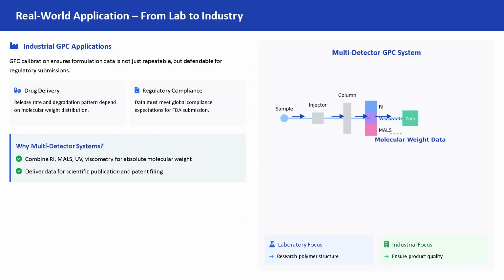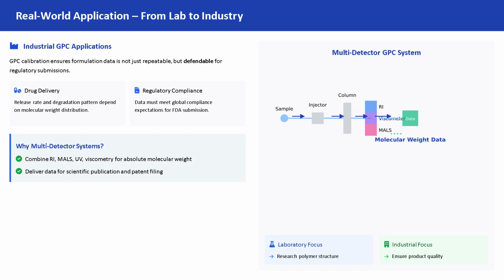Let's bring it to life. Imagine developing a biodegradable polymer for controlled drug delivery. Your formulation's release rate and degradation pattern hinge on molecular weight distribution. Accurate calibration ensures your results are defendable, whether for FDA submission, patent filing, or academic publication.